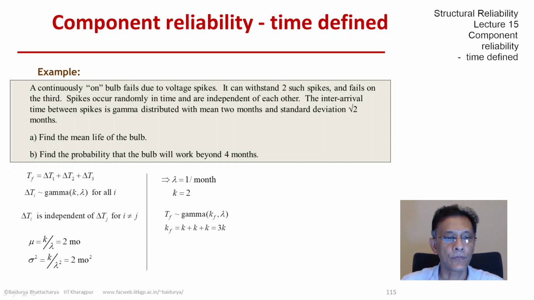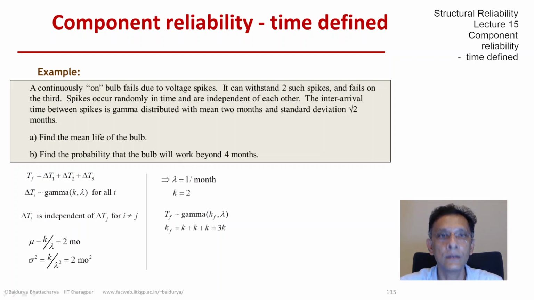Now, the sum of the gamma random variables, as we saw a couple of slides back, is also gamma, provided the rate remains the same, which means lambda is unchanged. So now I have Tf being the sum of 3 independent gamma random variables with the same lambda.